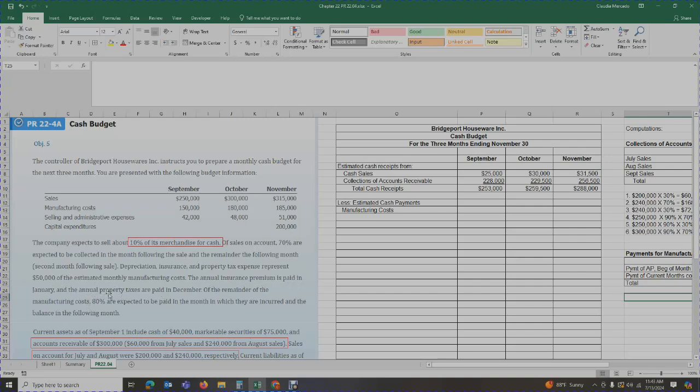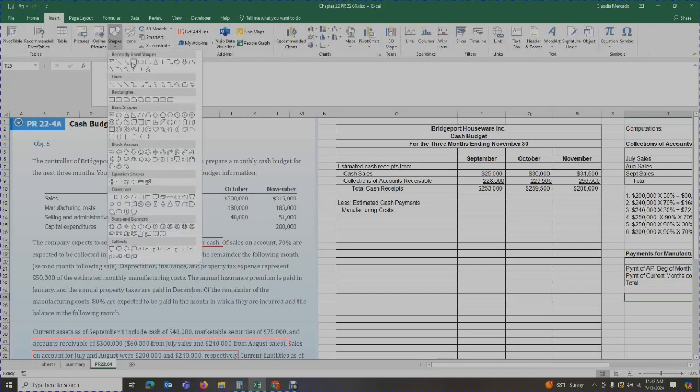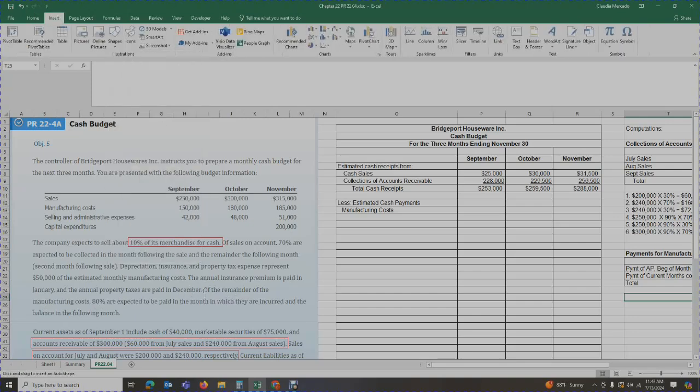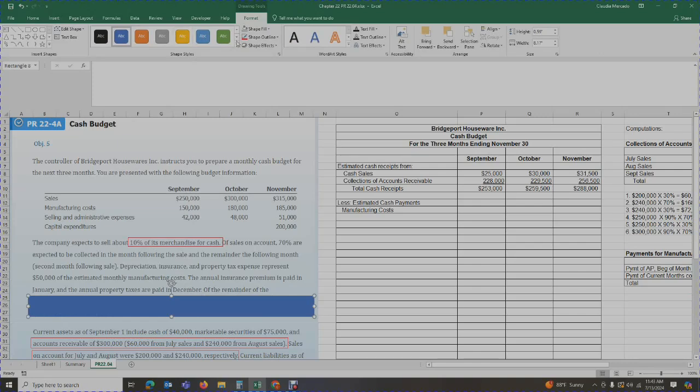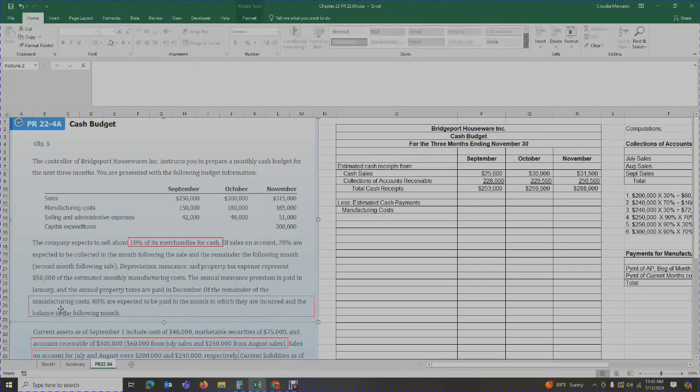Okay, of the remainder of the manufacturing cost, this is important. This is where we're going to be getting the data. Right here. It says, of the remainder of the manufacturing costs, 80% are expected to be paid in the month in which they are incurred and the balance in the following month.